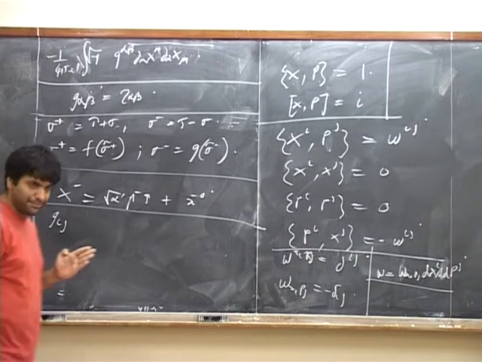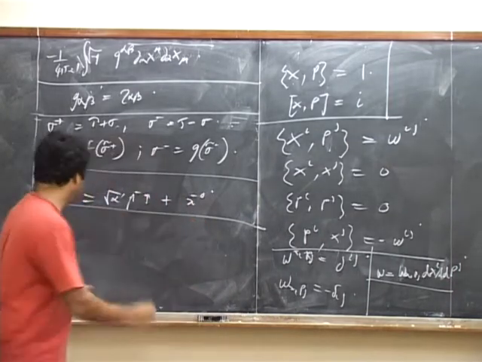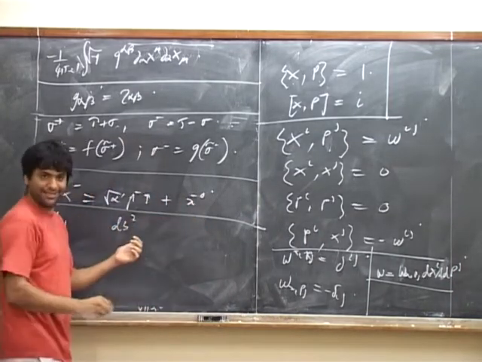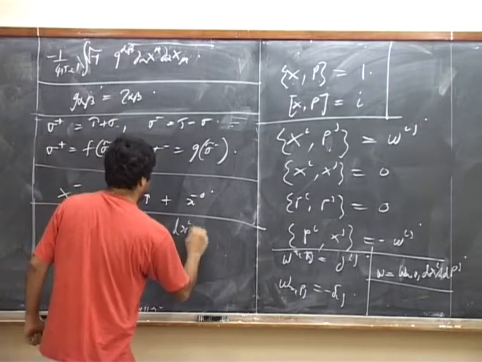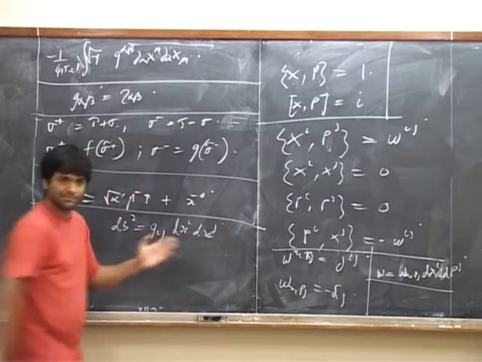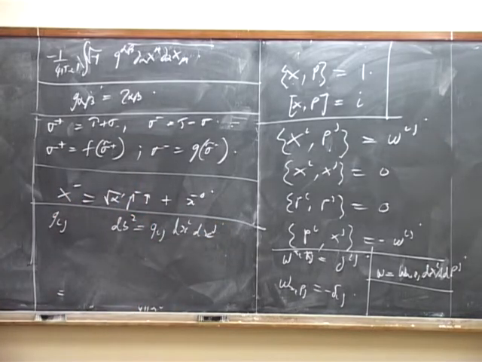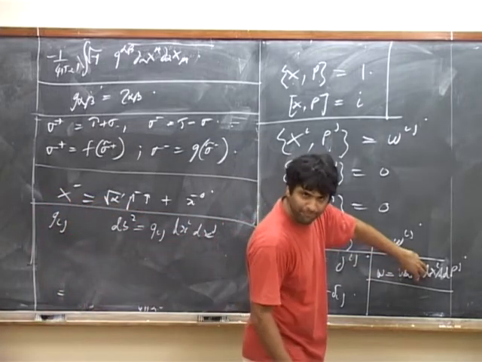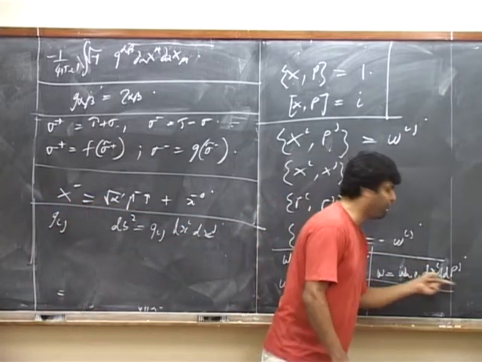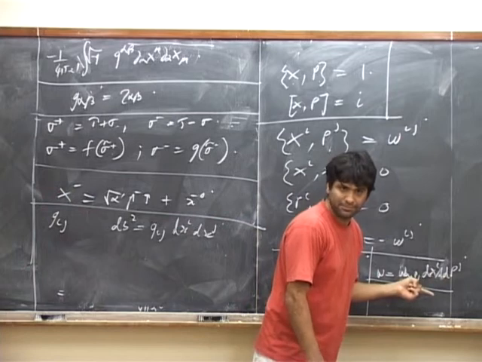You can equally characterize it by a formula for the infinitesimal line element, which is a scalar object: ds squared is equal to G_ij dx^i dx^j. So what I'm doing is taking this equivalent of a metric, which is the symplectic form, and multiplying it by some formal object.